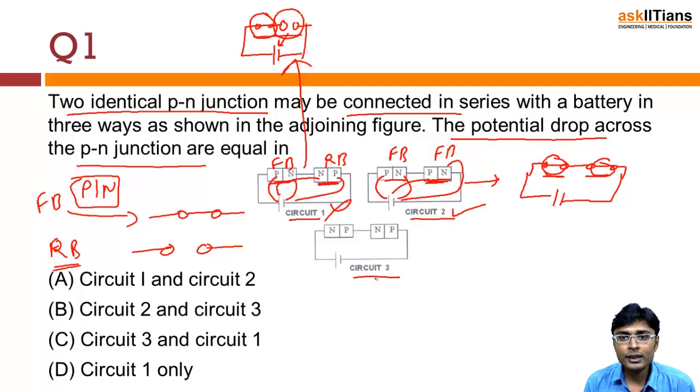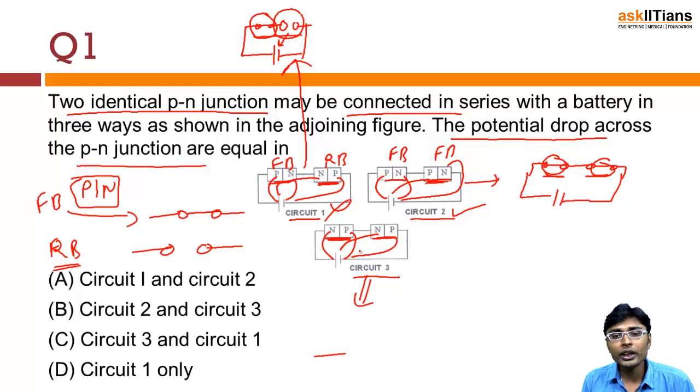Okay, now let us see circuit number 3. If we observe each of the PN junction diodes, in the first, N is connected to positive and P is connected to negative, while in the second, N is also connected to positive and P is connected to negative.